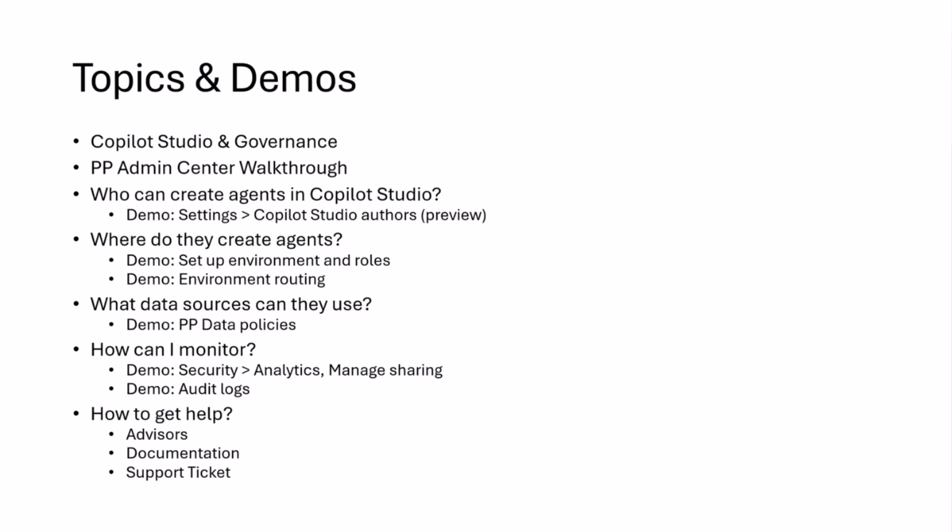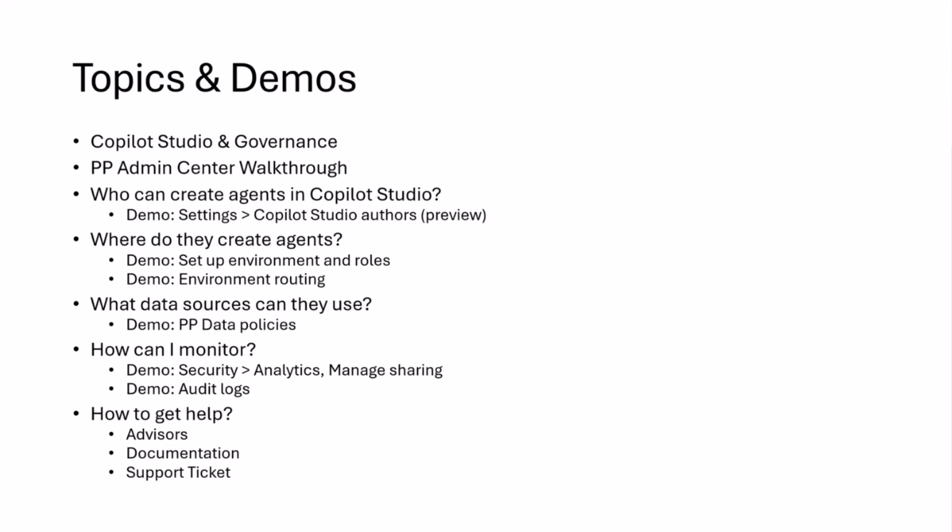For instance, as part of governance, some of the key things that you want to do is to lay policies in place so that you can effectively allow and empower your makers to create these agents within your enterprise. At the same time, you want to make sure that you can protect your enterprise assets, and that is the key aspect of governance. So we'll see who can create agents in Copilot Studio.